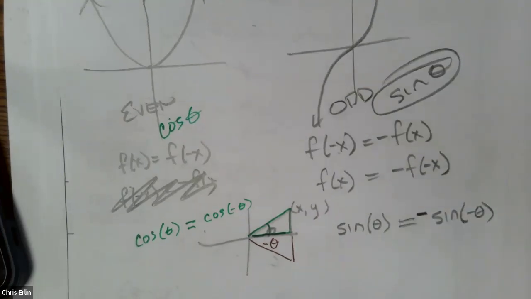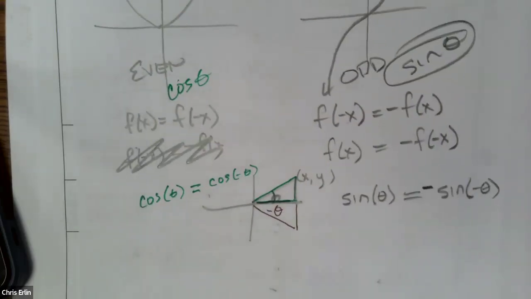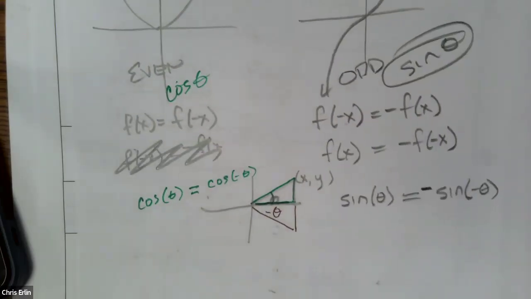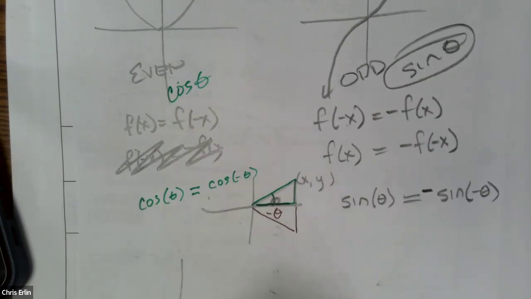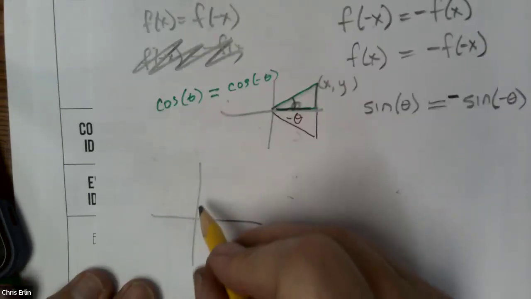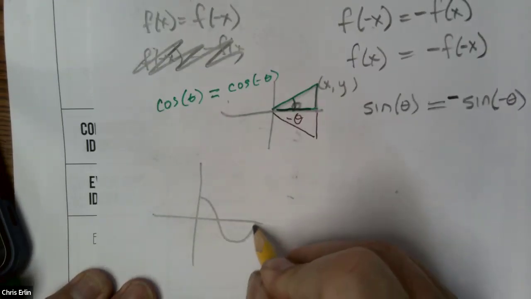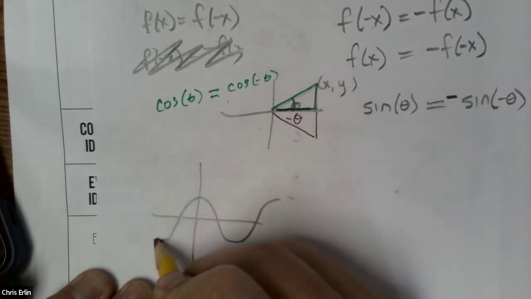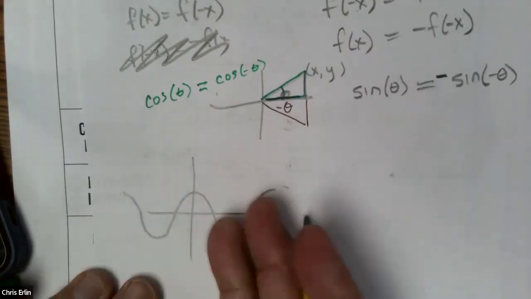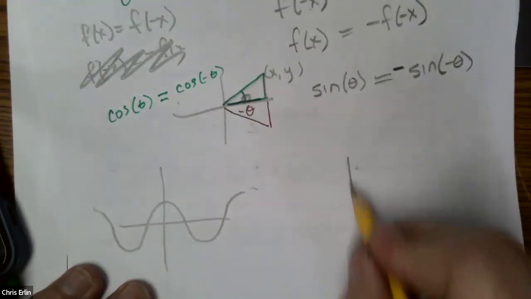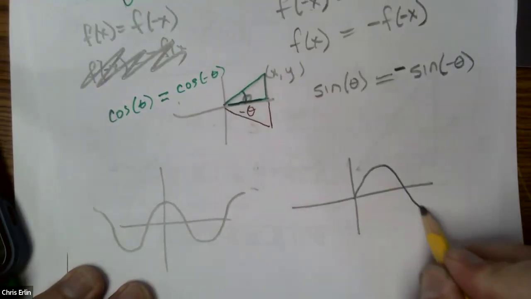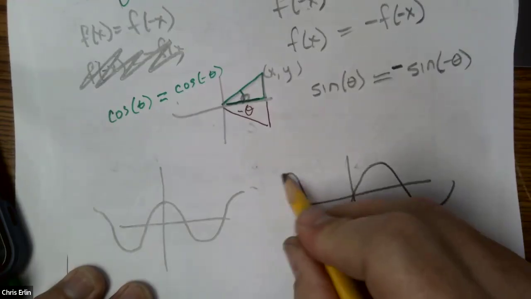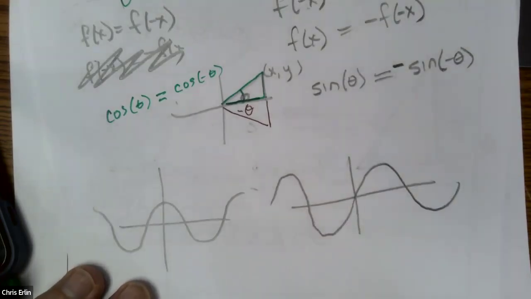Another way to think about this would be, have you guys graphed sine and cosine? No, okay. Well, when we do graph them, what we're going to find is that the cosine graphs like that, which is even. But the sine is going to graph like this, which is odd.